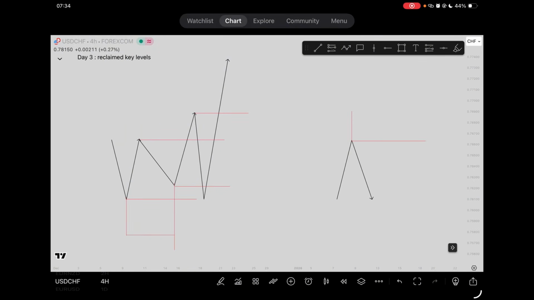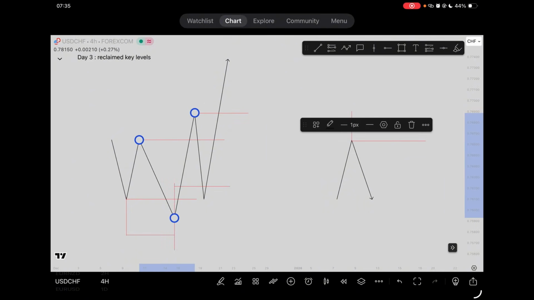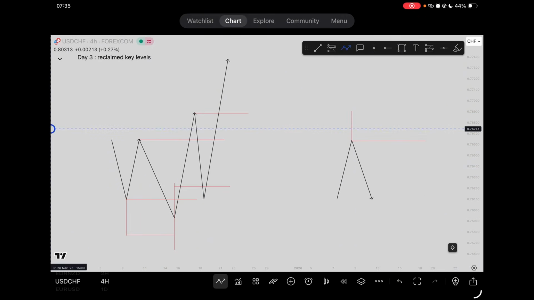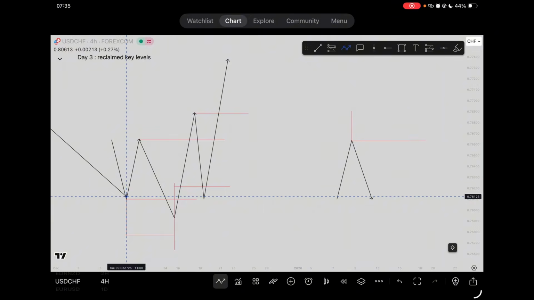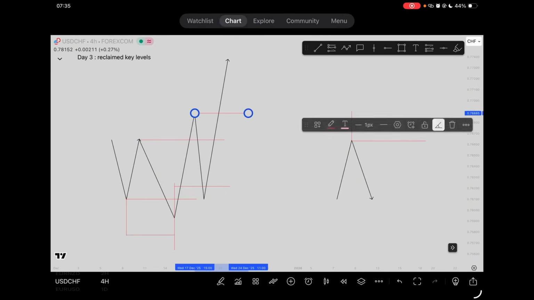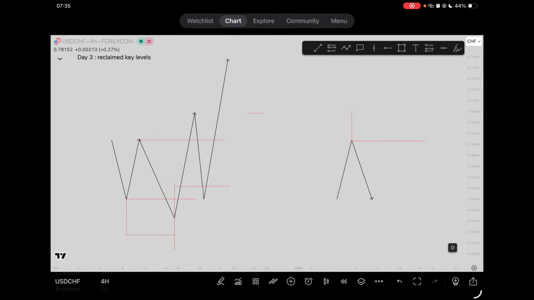Now, assuming price does something like this, closed below this key level right here, it's a different scenario. It's a different case, right? That is when we'll now be expecting price to come back here and act as support for it to go down. But price is not closing there, right?